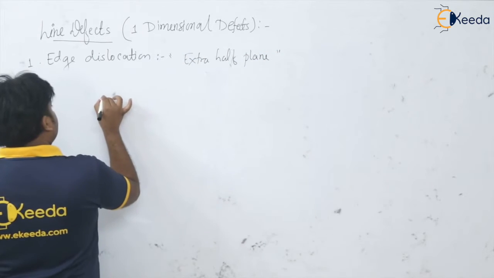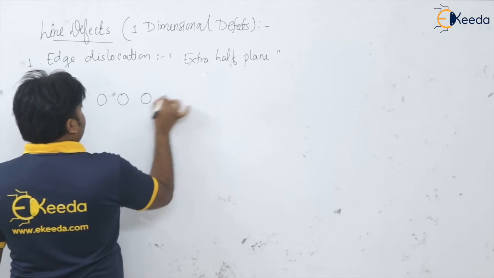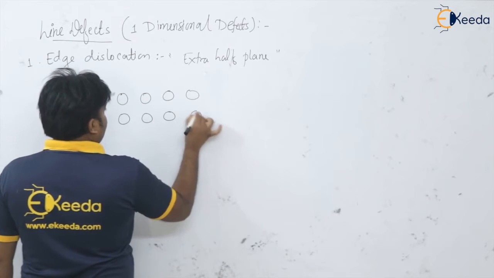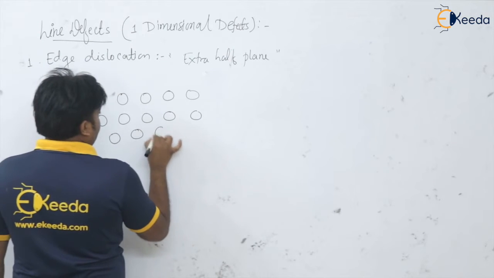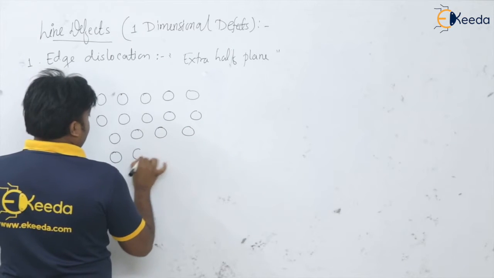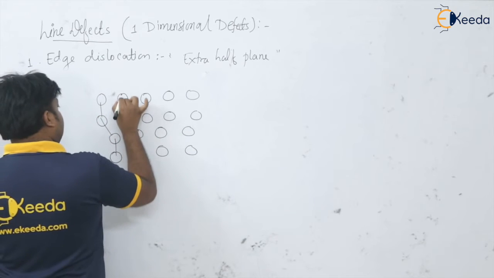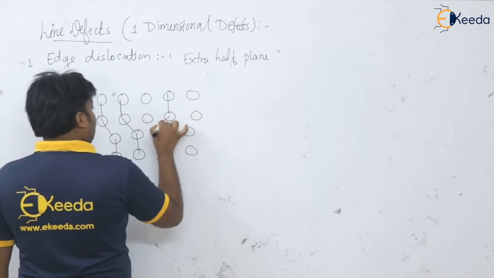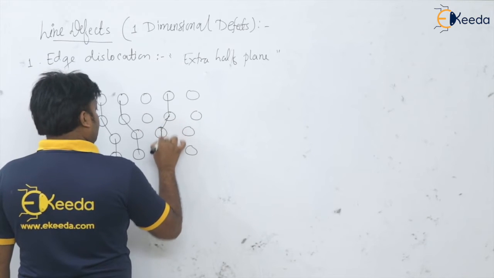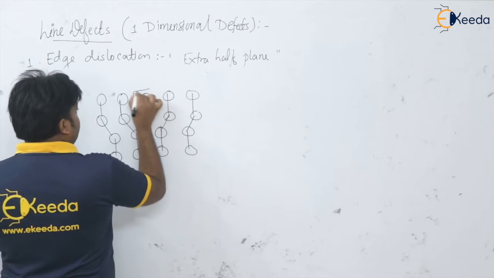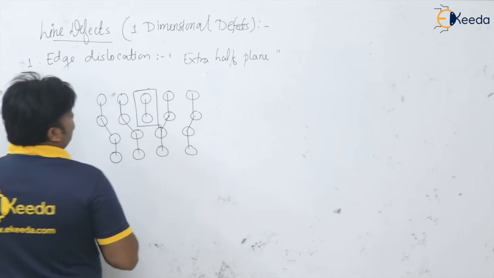So see here, now if you see this atomic arrangement, you can see there is an insertion of one extra half plane which is here, isn't it? So this is the dislocation.